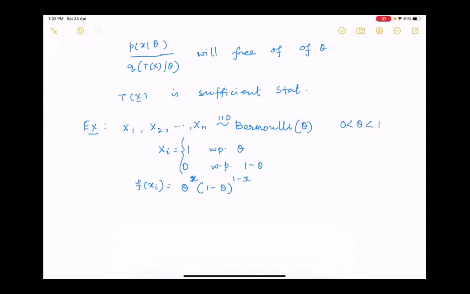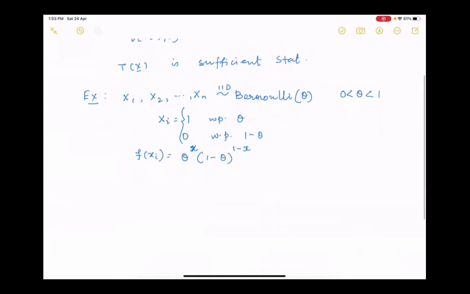Now if you put x equal to 1 here, then you are left with theta, because the other exponent is 0. And if you put a 0 here, then you are left with 1 minus theta. So this is the definition of the Bernoulli distribution.